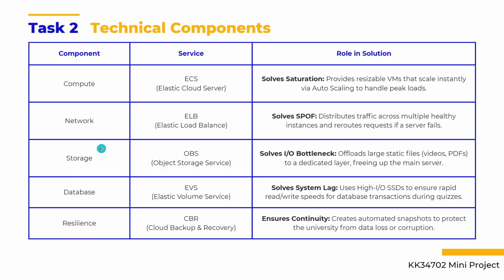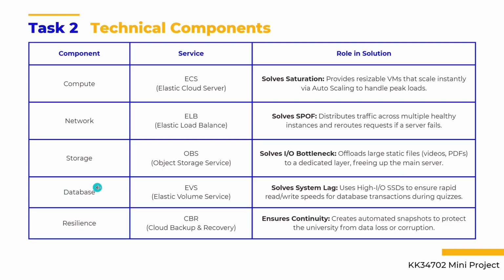And then the storage. The service used is Object Storage Service, or OBS. This solves the input-output bottleneck by offloading large static files, such as videos or PDFs, to a dedicated layer, freeing up the main server.